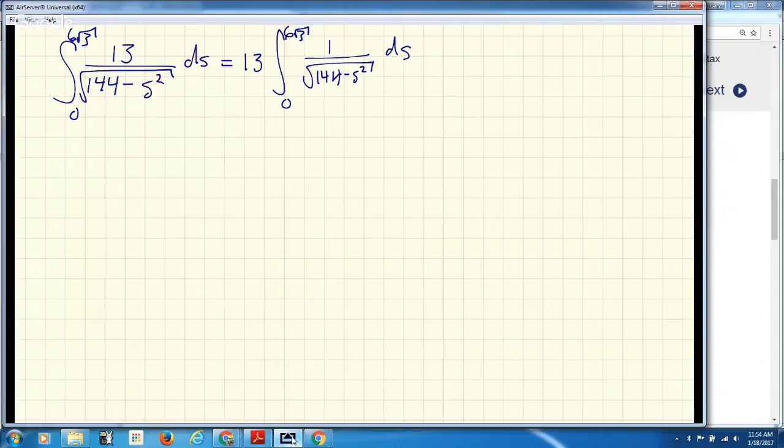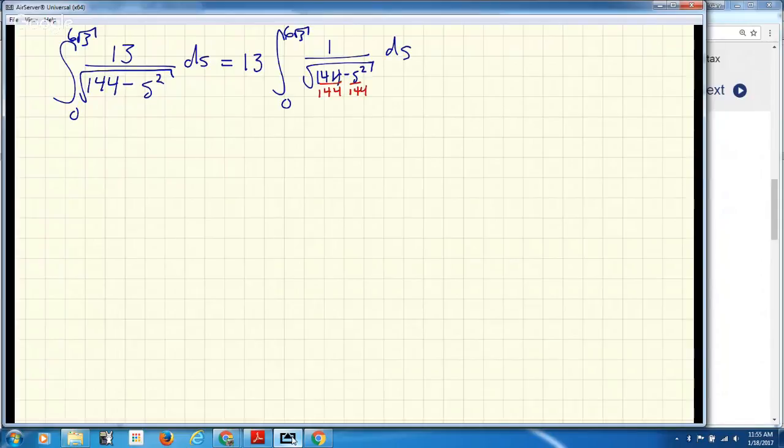All right, so let's see. That 144 is kind of a pain. I would like to divide that out. So if I were to do so, it's going to get a little messy, but let's go for it. I would like to divide by 144 there, divide by 144 here.